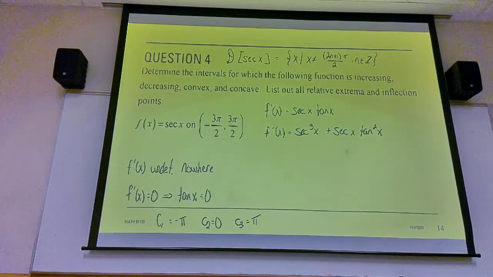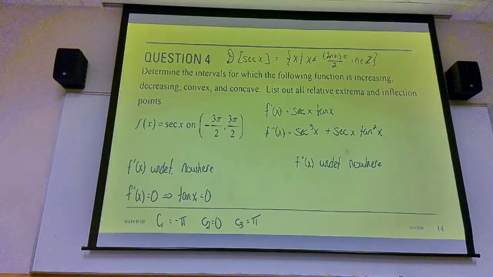Negative pi, 0, and pi are the 3 critical points. Is there anywhere f double prime is undefined? Again, it would just be undefined at points that aren't even in our domain.